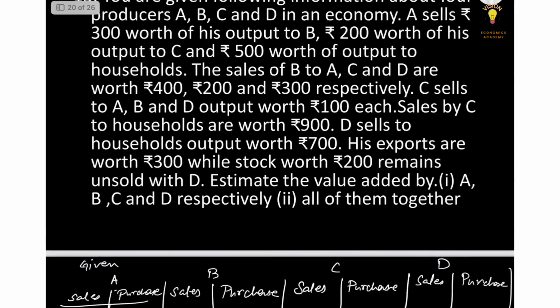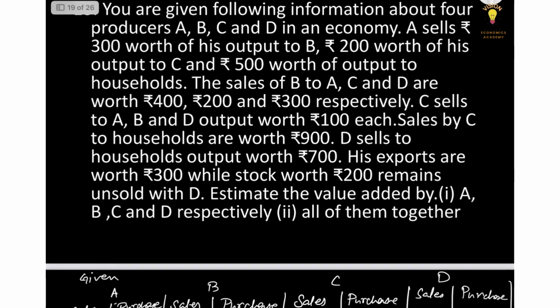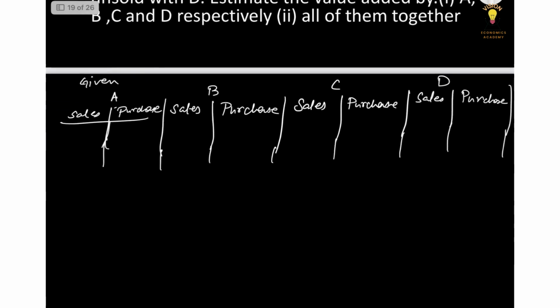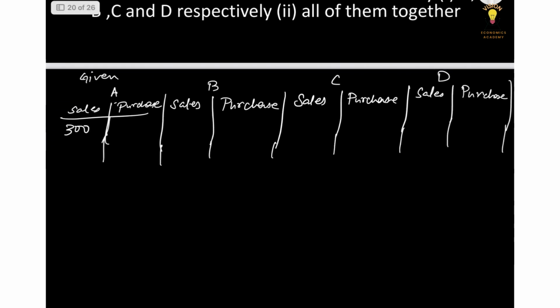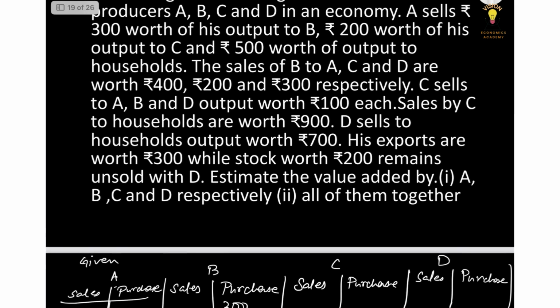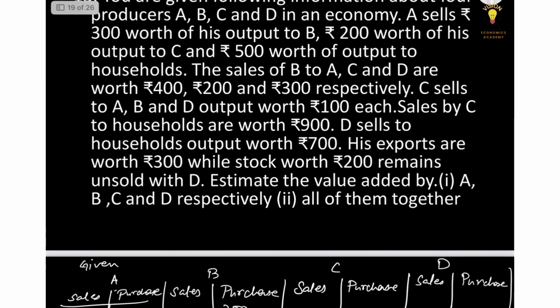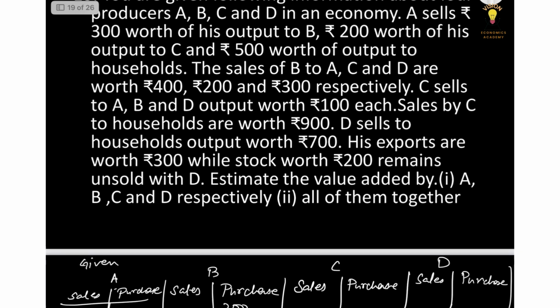So the question reads, A sells rupees 300 worth of his output to B, and it will be the purchase of B. Okay, rupees 200 worth of output to C and rupees 500 of output to household.